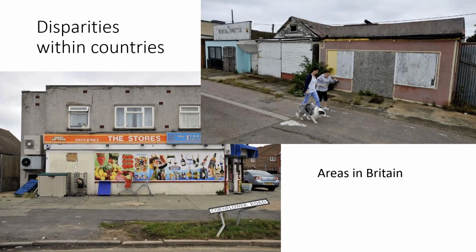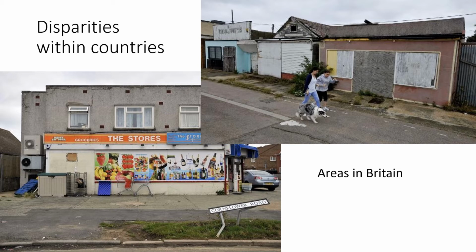Okay, I wanted to also show you that these disparities don't just happen between different countries and around the world, but they also happen within countries. So take, for instance, the UK. These two photos are showing you some very, very deprived areas in our own city. So there are disparities.